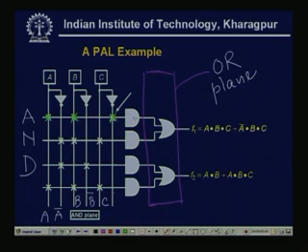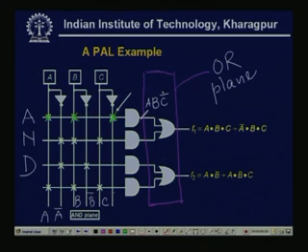So the output of this AND gate is A, B, C bar.